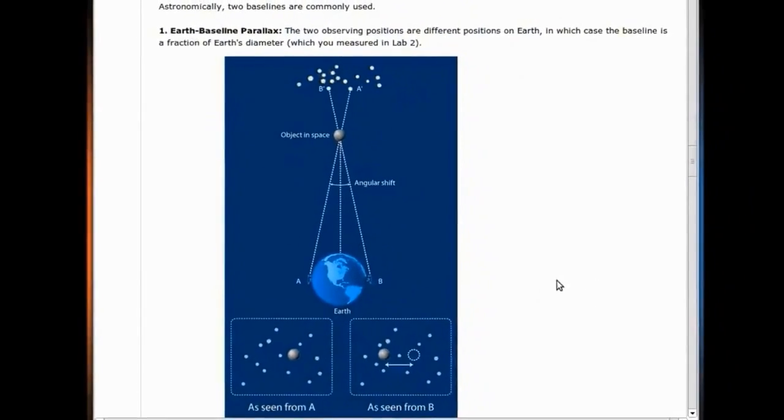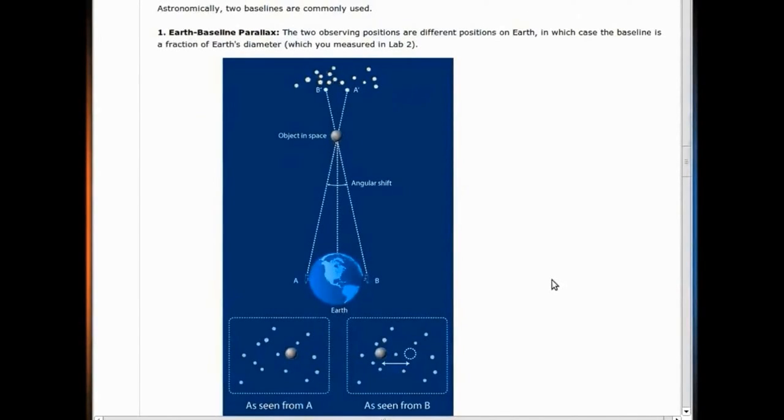One of the types of parallax that we can see is called Earth baseline parallax. Imagine that I have two observers, one on one side of the Earth and one on the other side, and they're both looking at some object in space, say a spacecraft or a satellite or the Moon, something relatively nearby compared to the background stars.